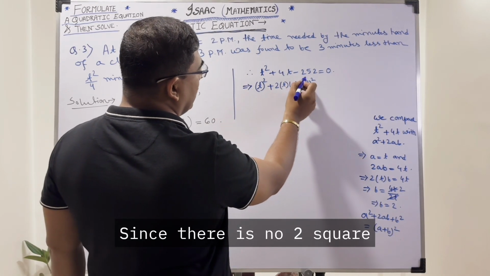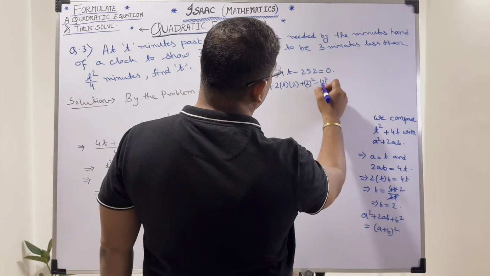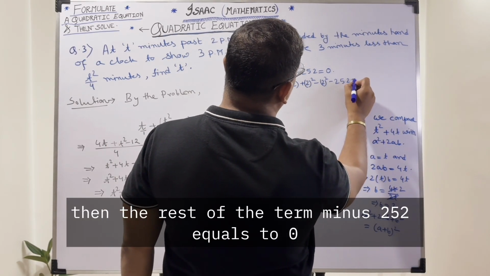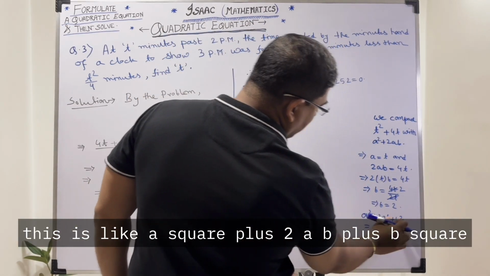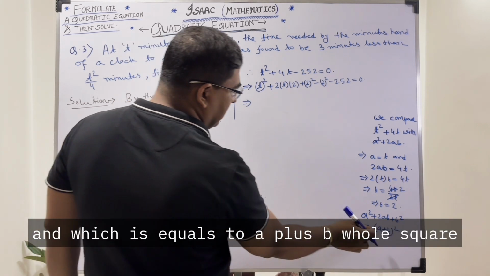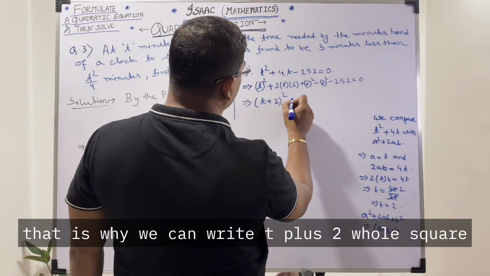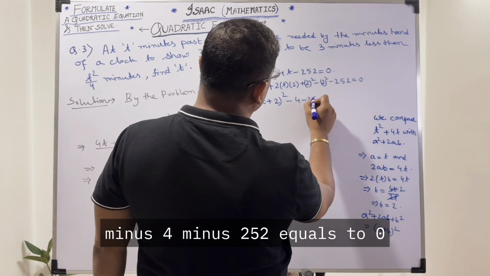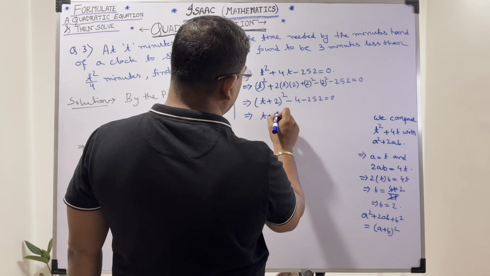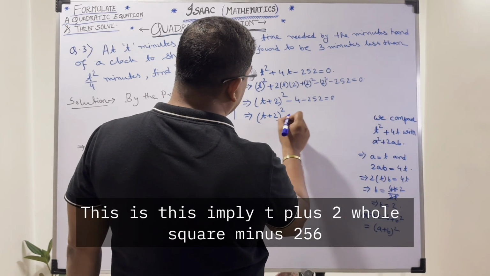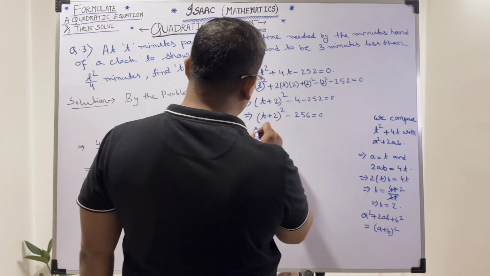Since there is no 2 square, that is why to balance this we have to write minus 2 square. Then the rest of the term minus 252 equals to 0. This is like a square plus 2ab plus b square, which is equal to a plus b whole square. That is why we can write t plus 2 whole square minus 4 minus 252 equals to 0. This implies t plus 2 whole square minus 256 equals to 0.